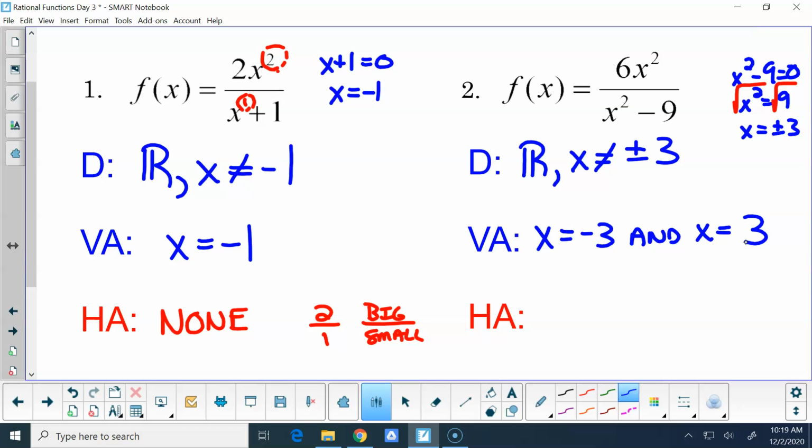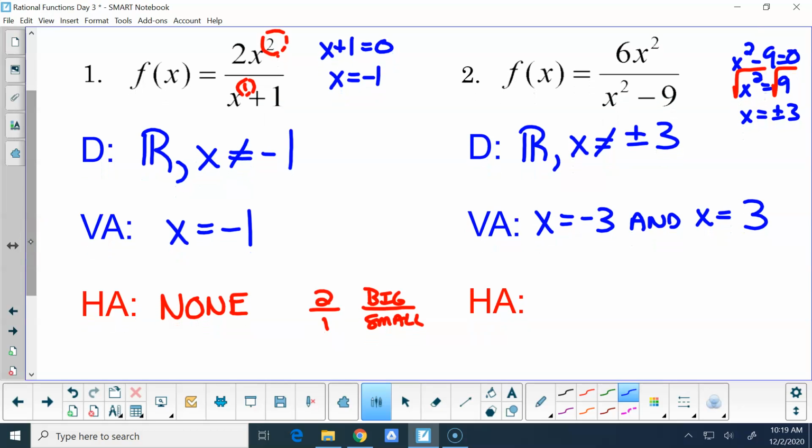This particular function has an exponent of 2 on the top and an exponent of 2 on the bottom. A little too small. 2 on the bottom, 2 on the top. So that's the same case.